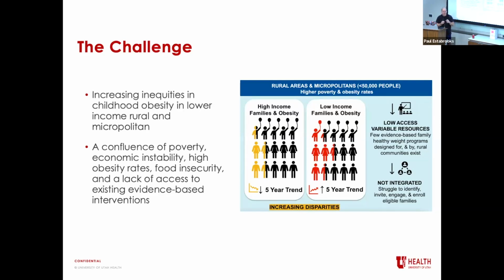And then even within that, and maybe because of that, it's really hard for community groups to get together to identify families that could benefit, engage them in the process of enrollment, enroll them, and then have them participate. So these were the things that we were really trying to address. That's really the challenge, or maybe more appropriately, the context.